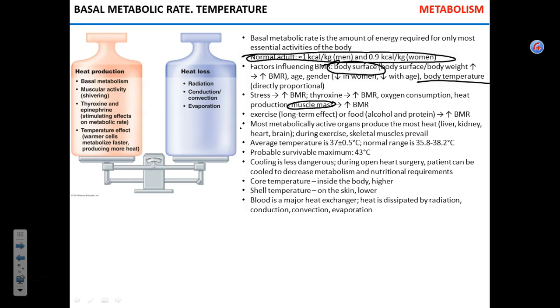Now, let's talk about the regulation of body temperature. I learned a lot, so I'm going to share that knowledge with you. What's the normal body temperature? 37. Actually, it is considered to be normal between, in Fahrenheit, 95 to 100.4.